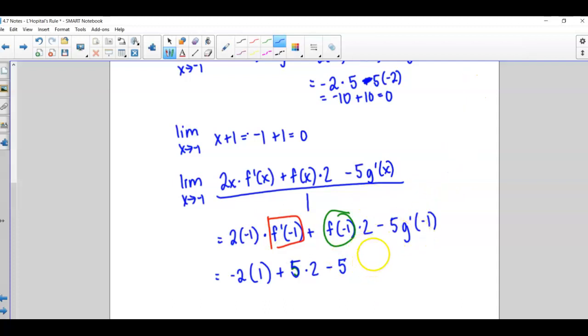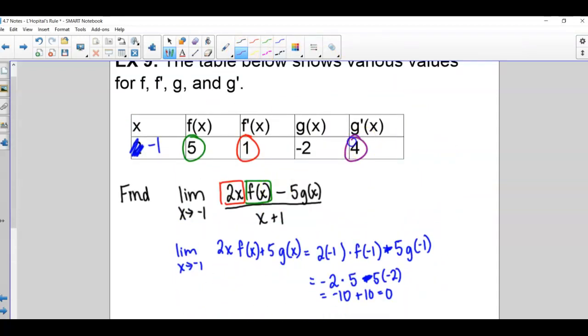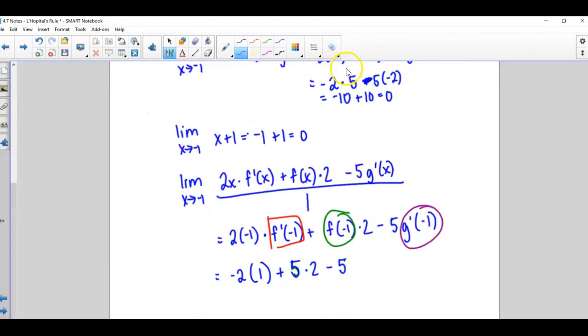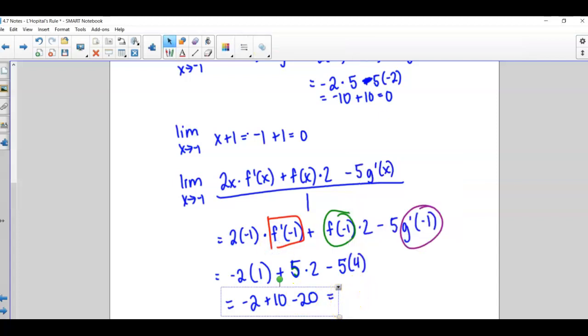And then g prime of negative 1, that is going to be 4. So we end up with negative 2 plus 10 minus 20. So that is going to give us negative 12. Yes, negative 12 is our answer there.